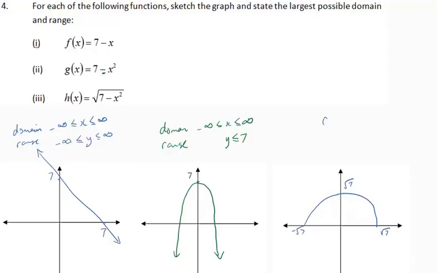So here domain, negative root 7 is less than or equal to x less than or equal to root 7 here. So our total, our largest possible domain, will be 2 times root 7 here, which becomes 5.19. So 2 root 7 is our total domain here. Our range is between 0 less than or equal to y less than or equal to root 7. So here our range will be root 7 here.